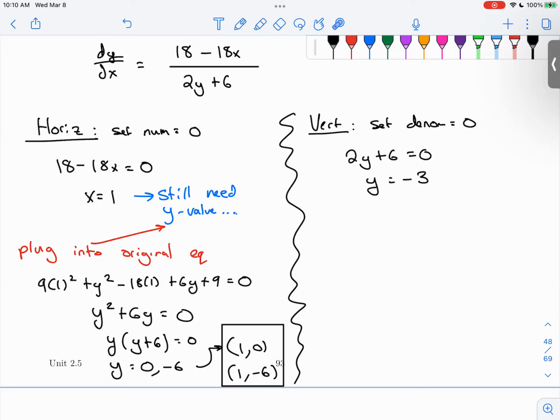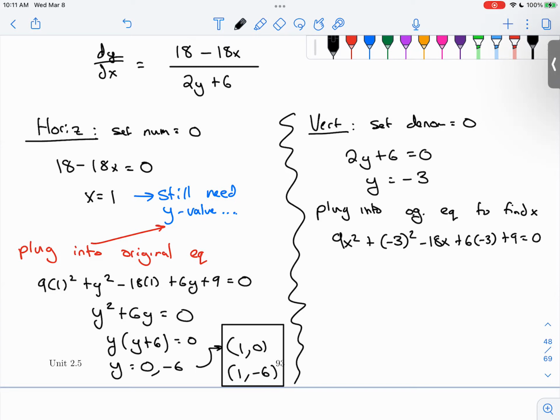All right. And so now plug into the original equation to find x. So we have 9x squared plus (-3) squared minus 18x plus 6 times -3 plus 9 equals 0.